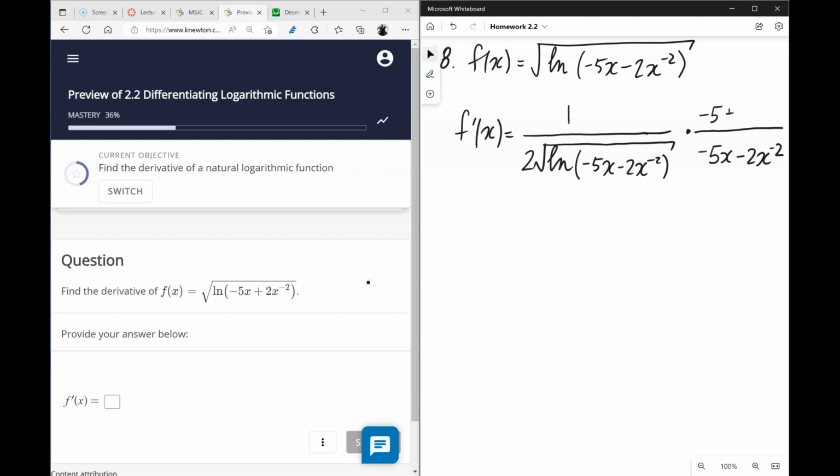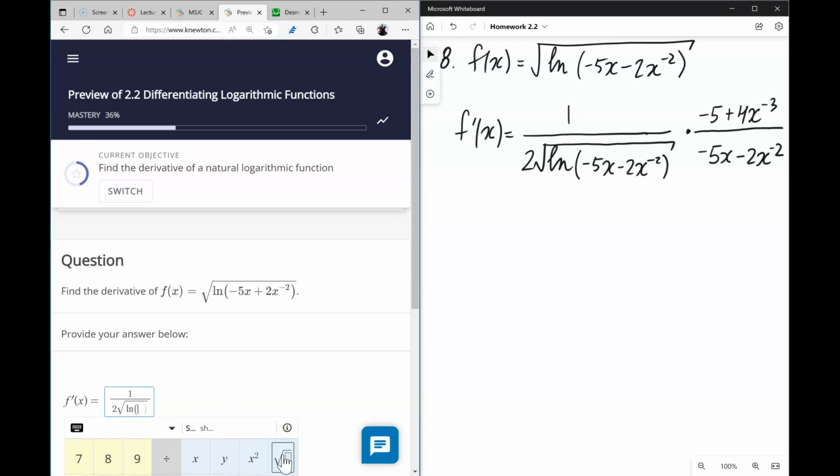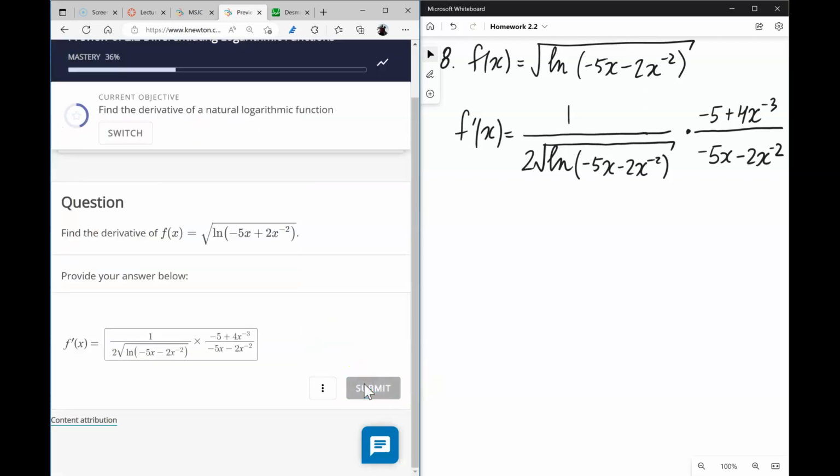So negative 5 plus 4x to the negative 3. Let's see if we got it right.